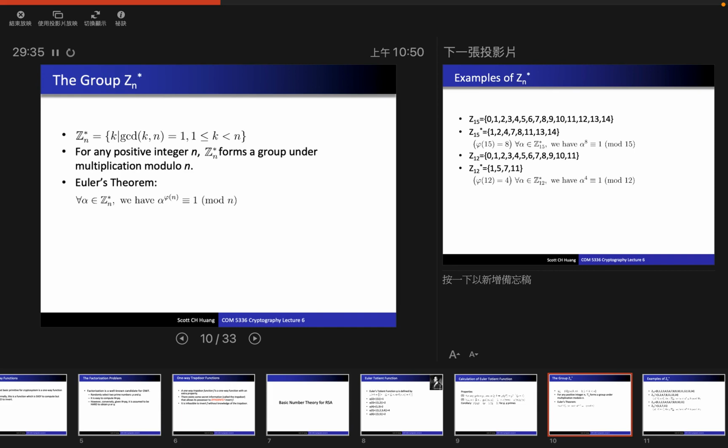That means you just consider the powers of alpha. It's kind of like going somewhere. Eventually, you'll go back to the origin. So this actually establishes a really non-trivial relationship. You can go some route and then at some point you will go back to the origin.